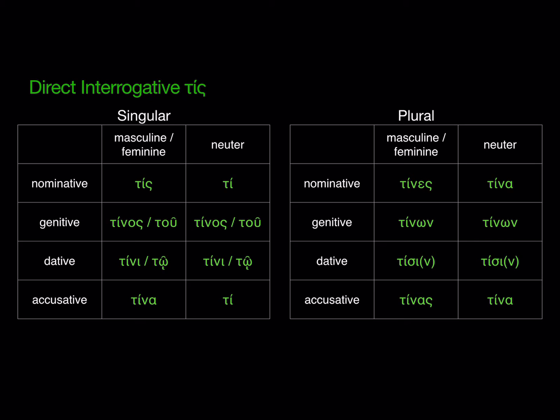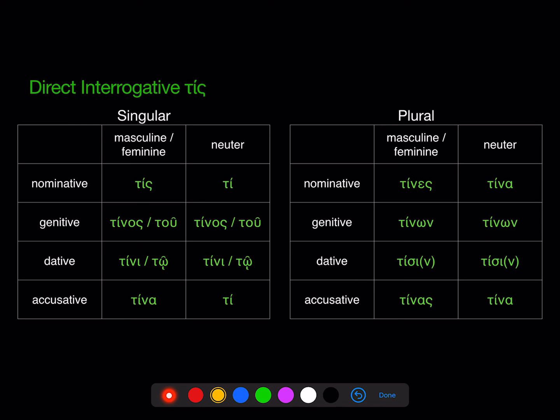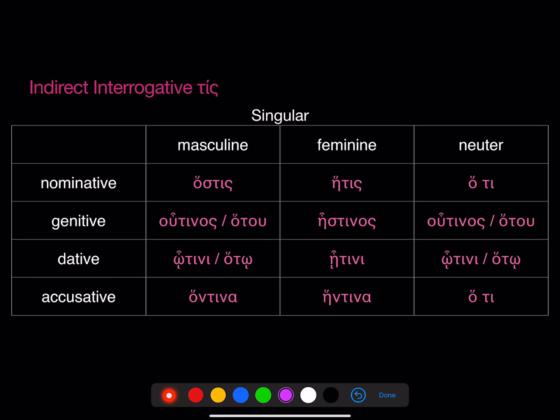All right, so here again are the direct interrogative forms of tis and ti, right? Who or whom. Remember, there's just one form for the masculine and feminine, another set of forms for the neuter, okay? And remember, it's always accented. So if you're going to make an indirect question, you can keep those forms, or you can use the indirect form of tis. Now we have separate forms for the masculine, the feminine, and the neuter.